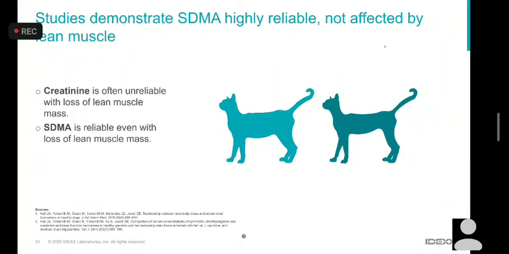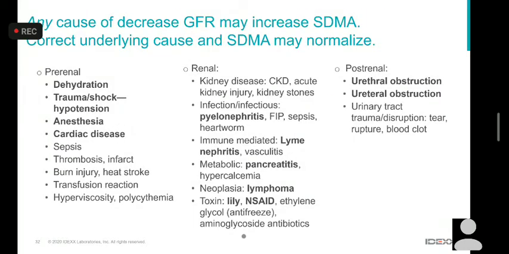So while creatinine can sometimes, or often, be relatively unreliable, especially in these little scrawny cats, SDMA is reliable. But please don't think that because of SDMA you can just skip anything else and that's the only thing in the whole world that will do it for you. SDMA is really a part of your kidney panel. So it's a part of how you work it up. And also, if you start using SDMA, just because you haven't got an elevated SDMA, it does not necessarily mean you don't have chronic kidney disease, not at least if you only have one measurement.